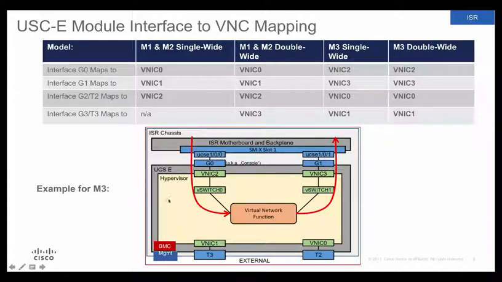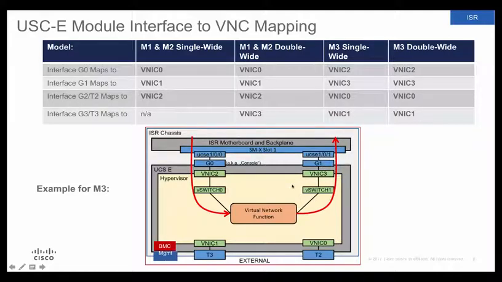For example, as shown in the picture over here, for this UCS-E, there are four interfaces, two internal and two external, and the VNIC mapping starts from the external interface. Here VNIC 0 is mapped to T2, and VNIC 1 is mapped to T3, and then the mapping goes to the internal interfaces, where VNIC 2 is mapped to G0 of the internal interface, and VNIC 3 is mapped to G1 of the internal interface.